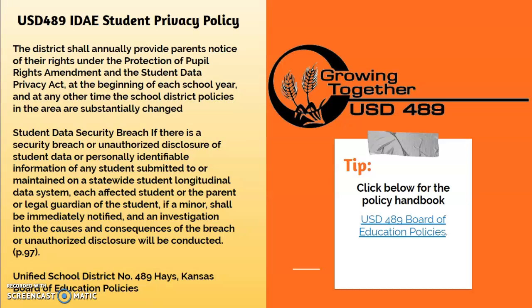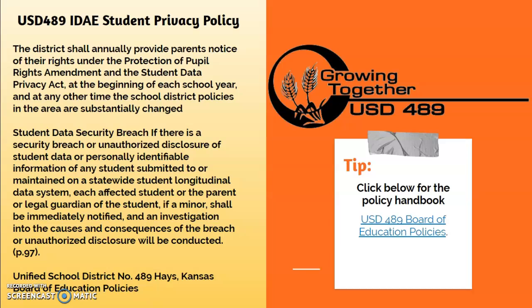Student data security breach: if there is a security breach or unauthorized disclosure of student data or personally identifiable information of any student submitted to or maintained on a statewide student longitudinal data system, each affected student or the parent or legal guardian of the student, if a minor, shall be immediately notified, and an investigation into the causes and consequences of the breach or unauthorized disclosure will be conducted.